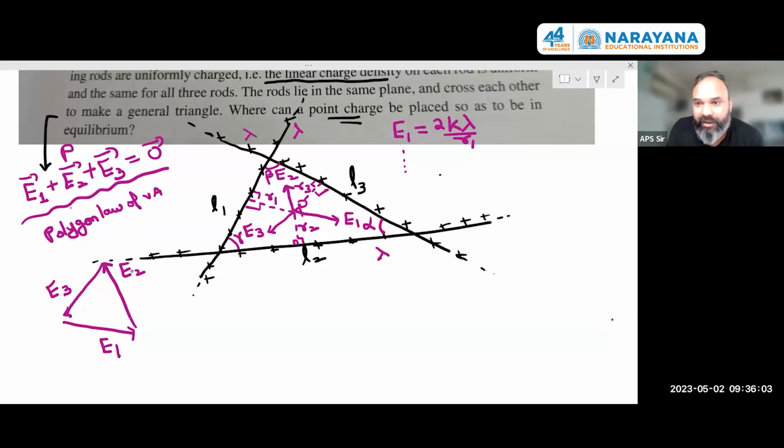And now look into the angles. If the angle between L2 and L3 is alpha, the normal to L2, E2, and the normal to L3, E3, I am saying this angle is alpha. Check. If lines are at some angle, then their normals will also be at the same angle.